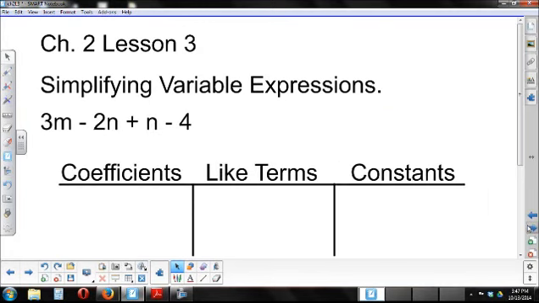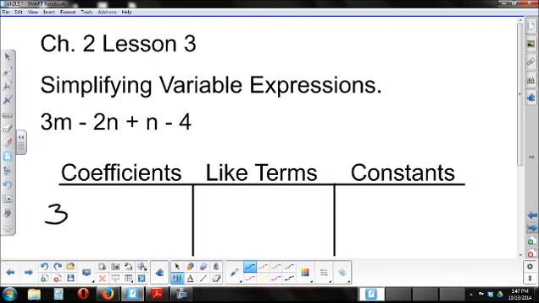First, let's review. Let's find the coefficients, like terms, and constants in this variable expression: 3m minus 2n plus n minus 4. Its coefficients, those would be the numbers multiplying variables.